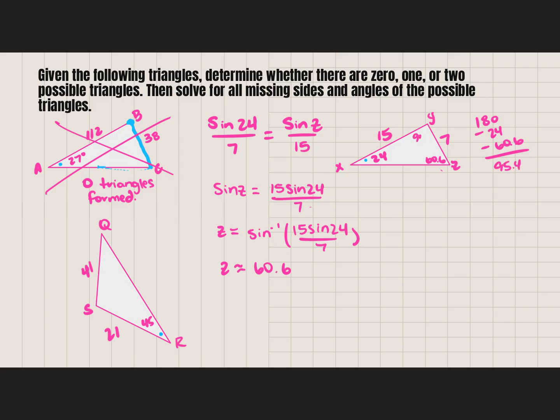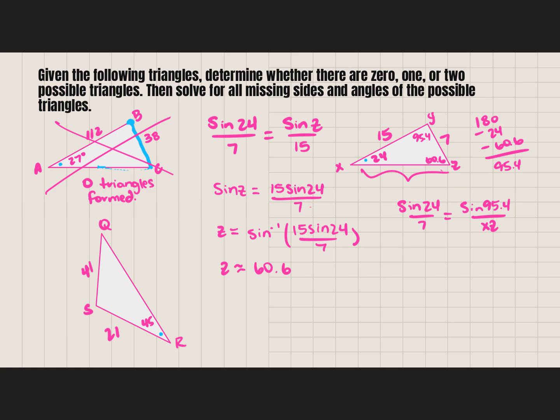I could then use law of sines to find my missing side here, which would look like sine of 24 over 7 equals sine of 95.4 over my missing side XZ.